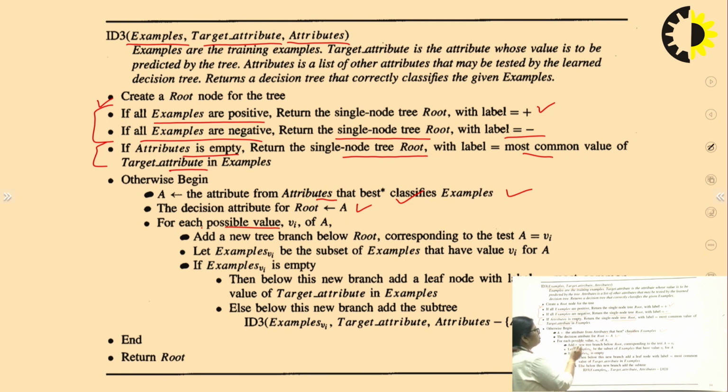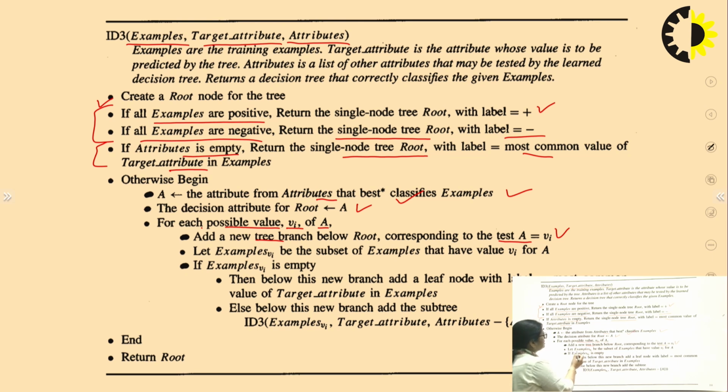For each possible value vi of A, add a new tree branch below the root corresponding to the test A equals vi. It means my test is outlook is sunny. What we are checking is whether the value of outlook is sunny. Outlook is mentioned in the internal node and sunny is mentioned on the branch.